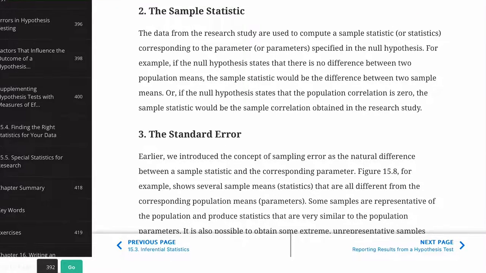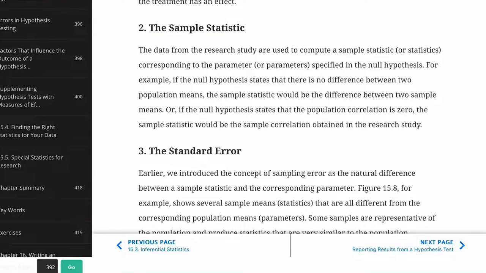The sample statistic is what you're calculating. It's what you're comparing to the null hypothesis to see if there really truly is a difference. And again, if the null hypothesis states that there's no difference between two population means, then the sample statistic would be the difference between the two sample means.